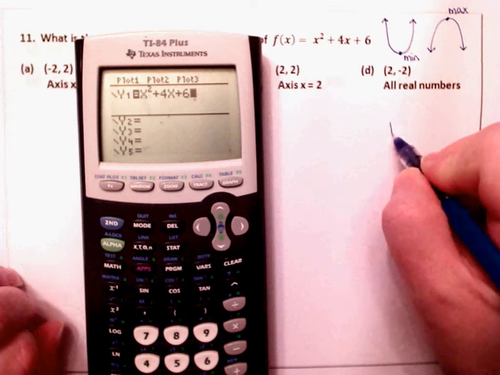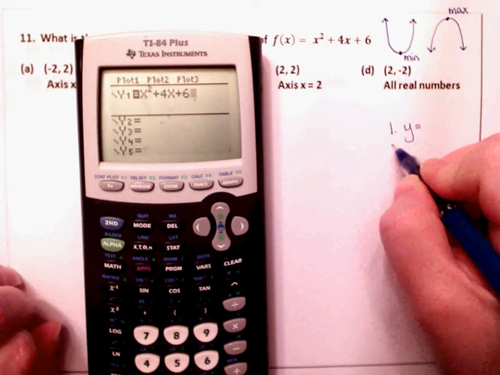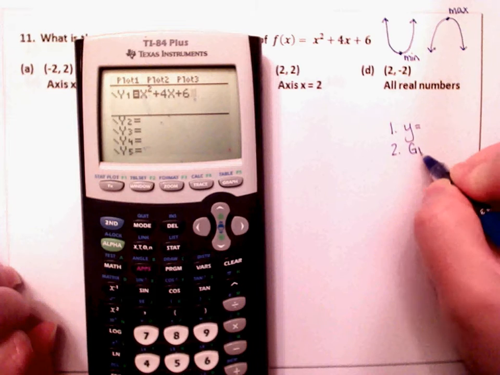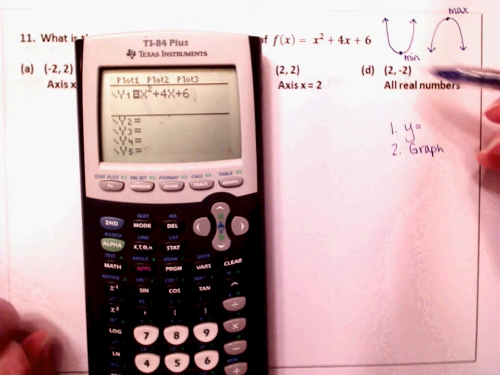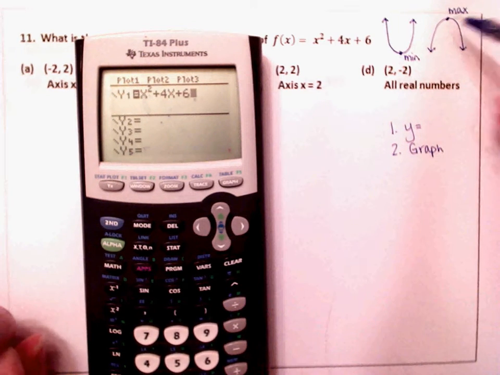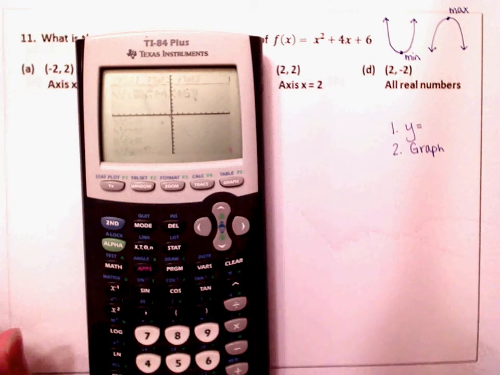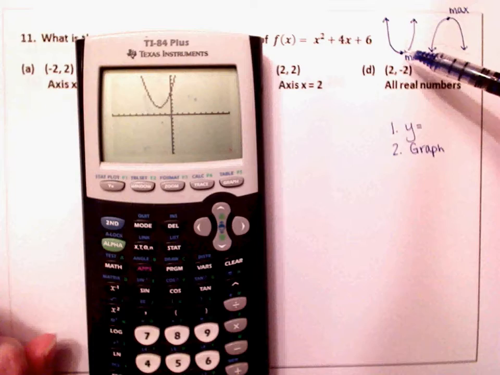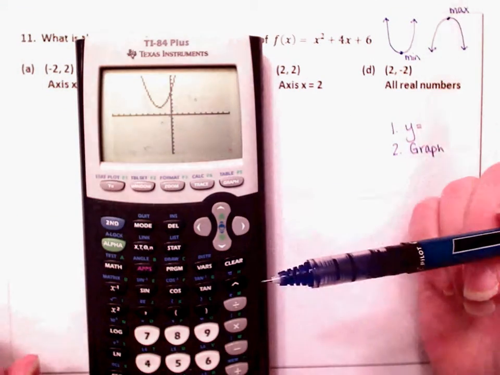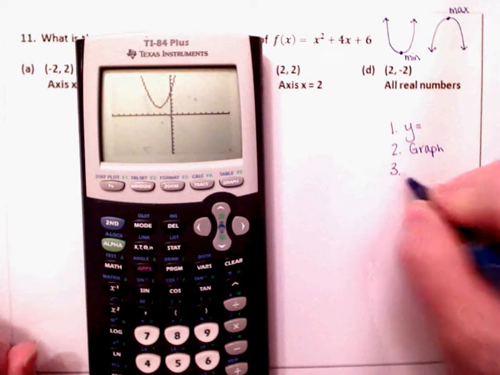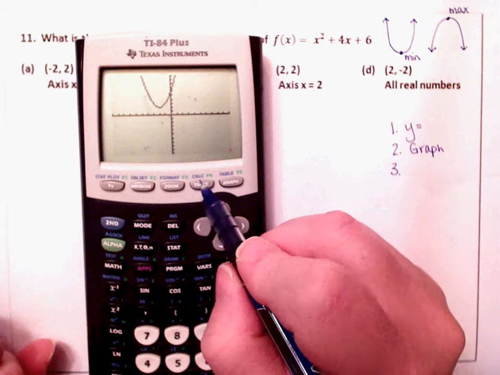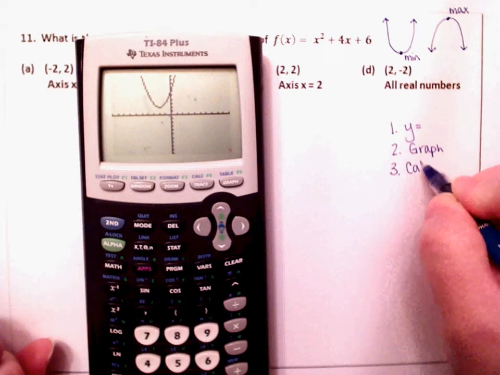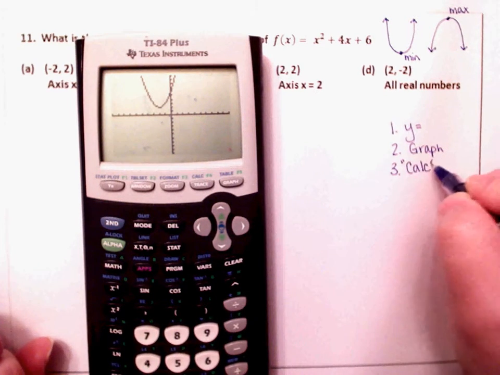After you put it into the y equals of your calculator, you're going to look at the graph so you can see whether your vertex is a minimum or a maximum. So press graph, and we see ours opens up, which means the vertex is a minimum. Now we're going to ask our calculator to find that point, so we go to the menu entitled Calc, that's in blue above Trace.